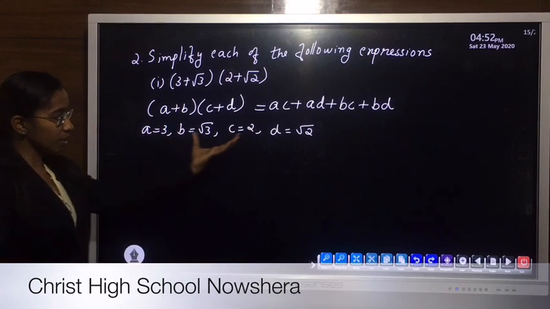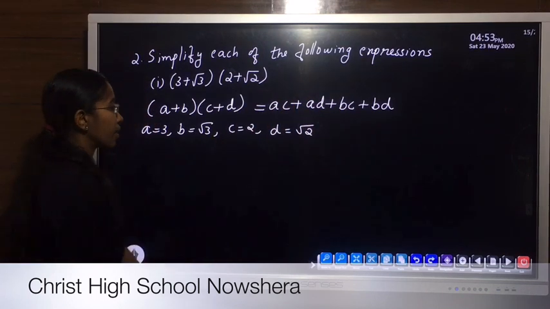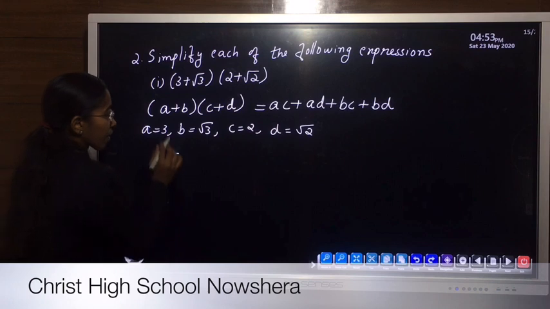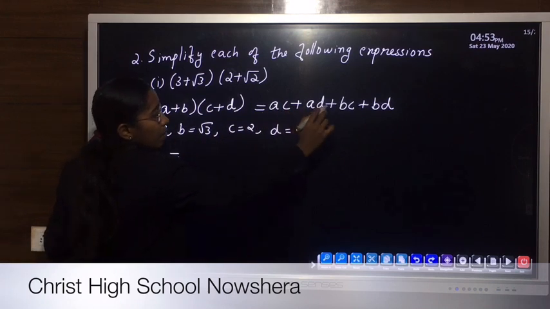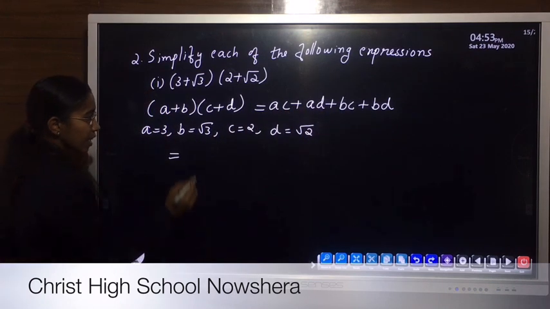So substitute these values in this equation. That is equal to AC plus AD plus BC plus BD.